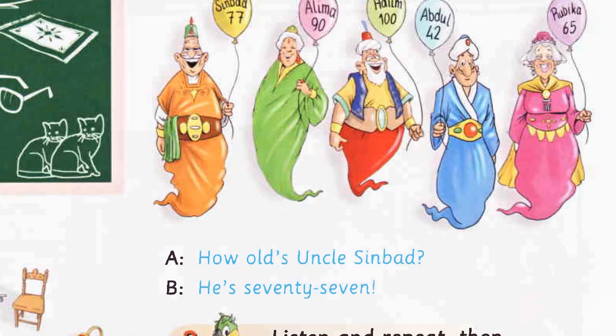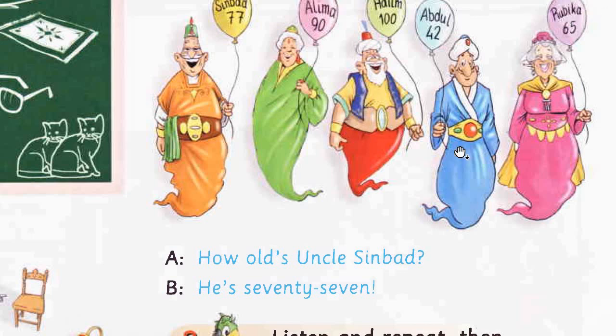And cousin is your uncle's or your aunt's son or daughter. And here is the son, Abdul. Now, question. How old's cousin Abdul? He's 42. When you come to write, 40-2.